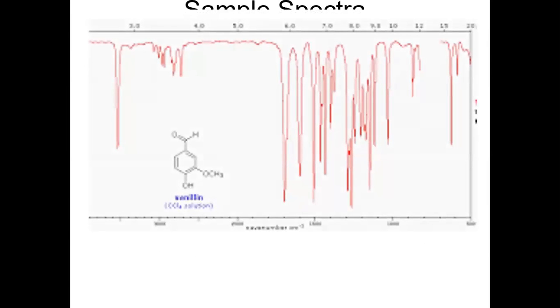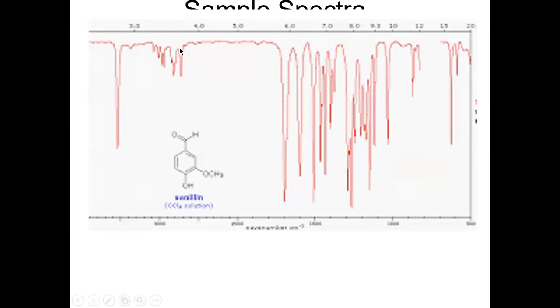So the spectrum on the screen now is an example of an infrared spectrum. This is vanilla and it's kind of fuzzy looking, but every one of these downward spikes on this spectrum has a meaning.